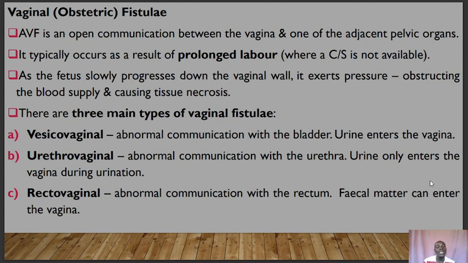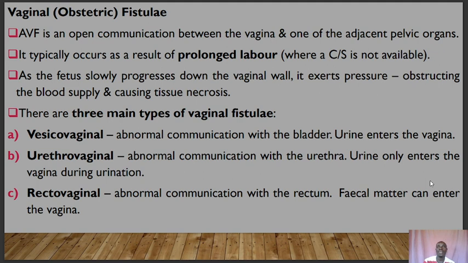What about the ureterovaginal fistulae? This is an abnormal connection between the vagina and the urethra. So it is a ureterovaginal opening. So what happens with the urethra? Of course, when you want to pee, when you want to remove the urine, that urine has to get to the urethra.